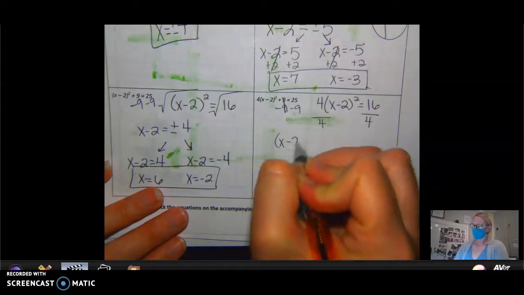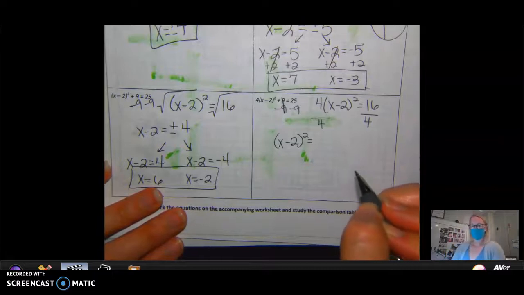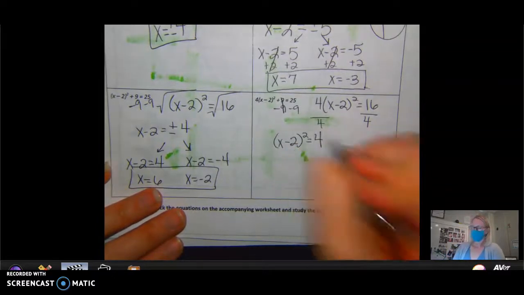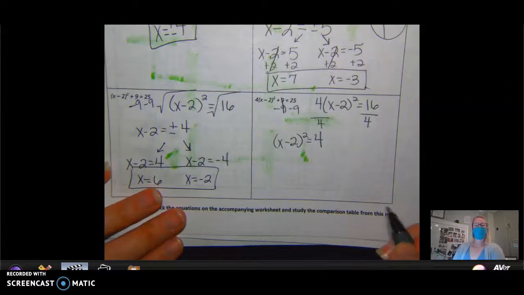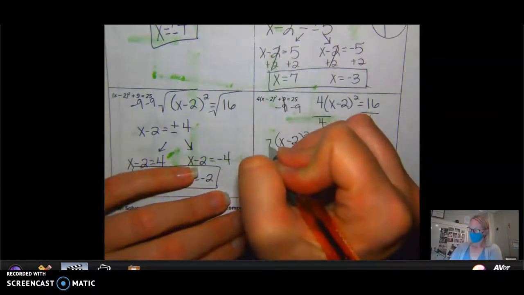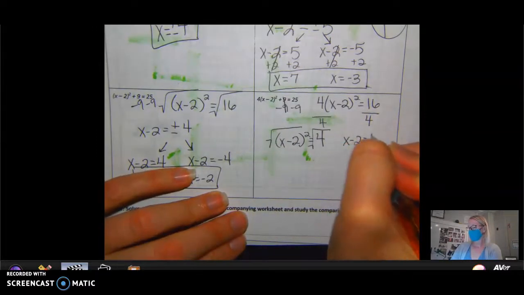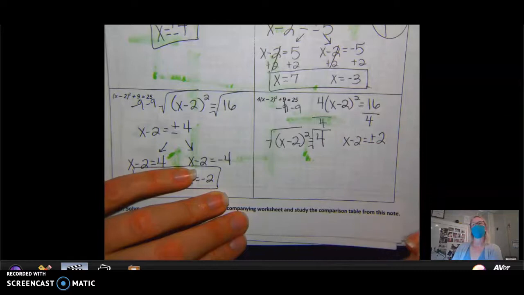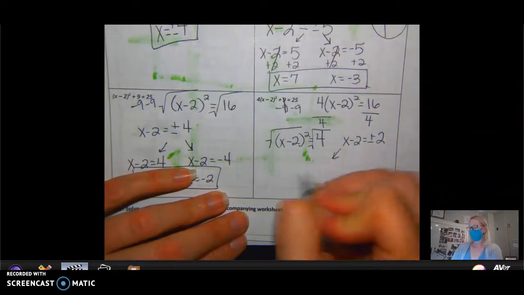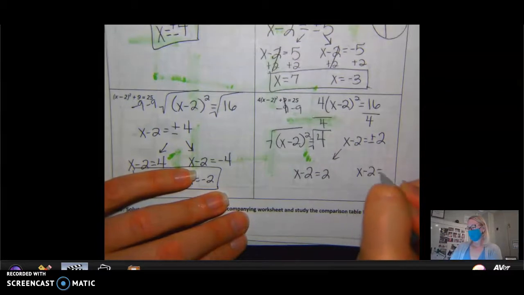I get (x - 2) squared equals, what's 16 divided by 4? 4. All right, now the squared term is by itself, so what do I do? Square root, square root. So I get x minus 2 equals a positive and negative 2. I need to write it both ways. X minus 2 equals 2, and x minus 2 equals negative 2.